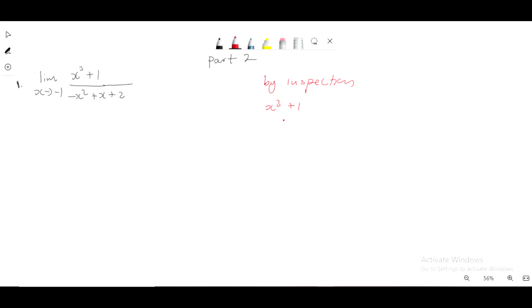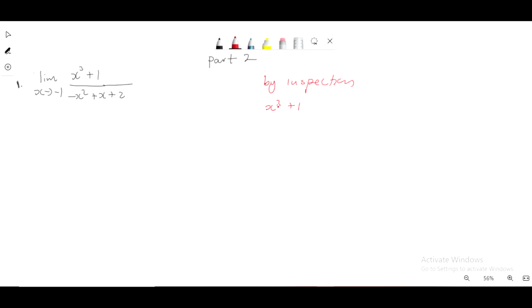Before I can find my factor, I have to find a value that is a solution to this expression. What do I mean by that? I want a number that when I substitute into x cubed plus 1, I'm going to get 0, right?